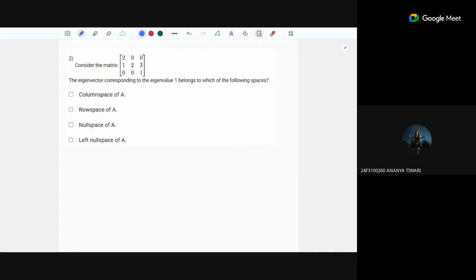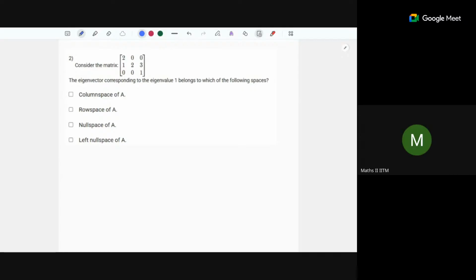Third row. Null space of A. Anyone? They are asking about the eigenvector, right?